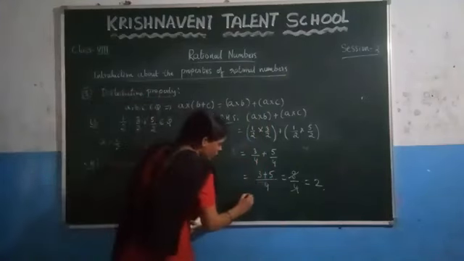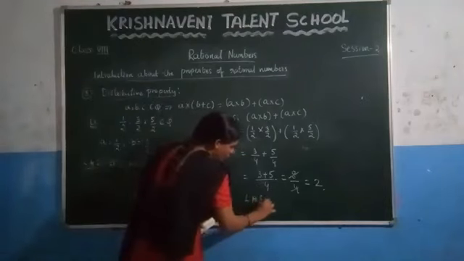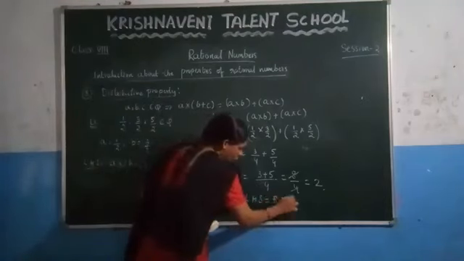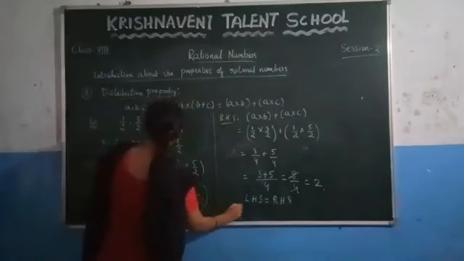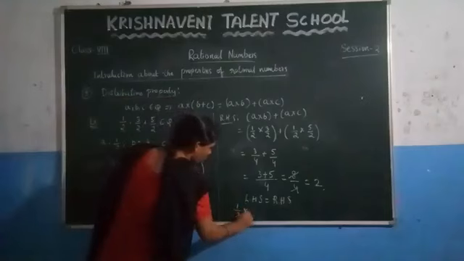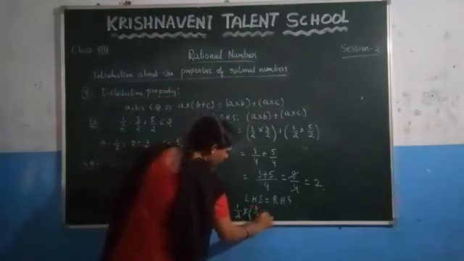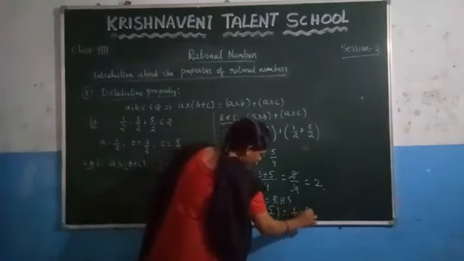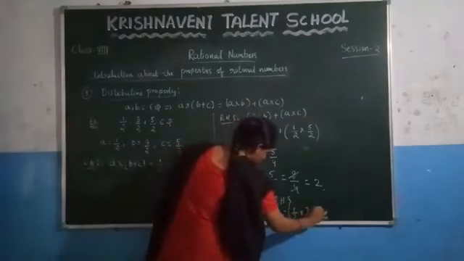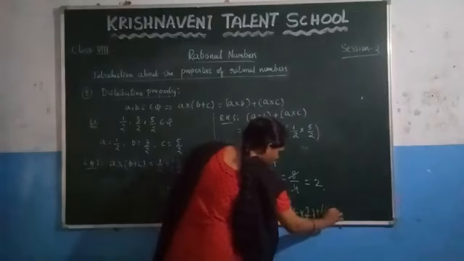From this, what can we conclude? The left hand side must be equal to the right hand side. So write here: 1 by 2 into 3 by 2 plus 5 by 2 must be equal to 1 by 2 into 3 by 2 plus 1 by 2 into 5 by 2.